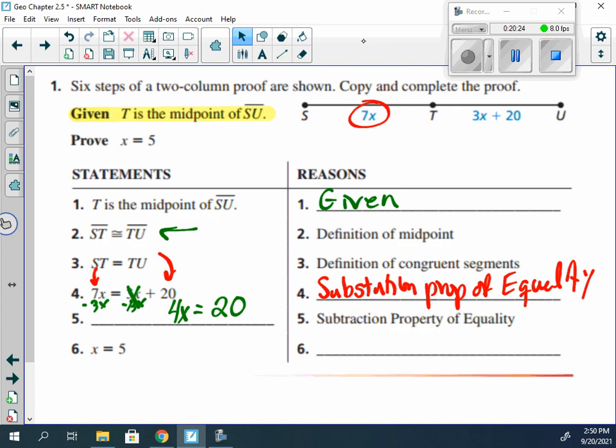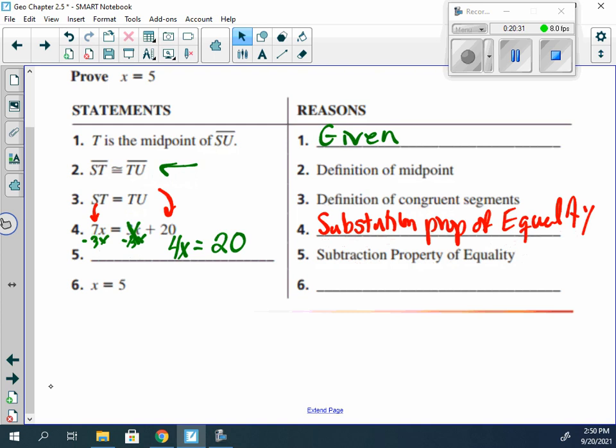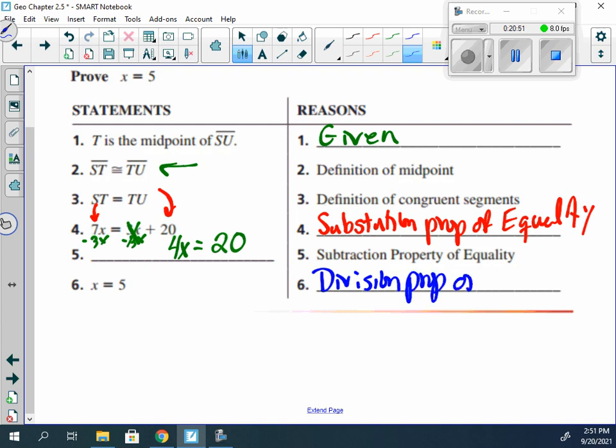So in spot number 5, we really have that 4x equals 20. Now what would we do from 4x equals 20 to get that x equals 5? We divide both sides by 4, so the last spot would be the division property of equality.